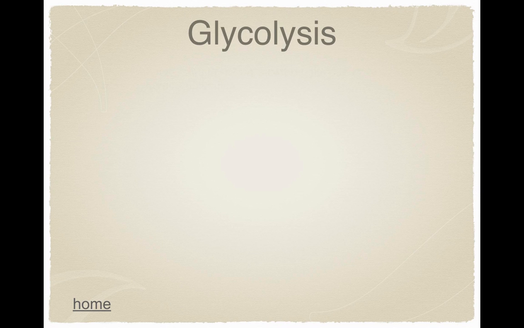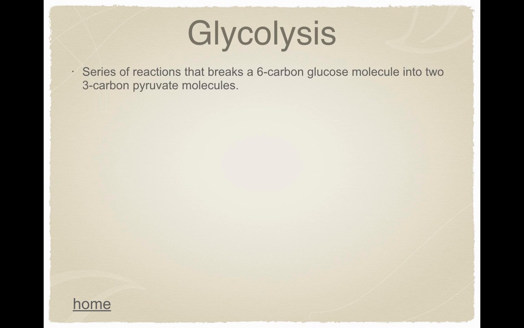So glycolysis. Please follow along with the diagram that I gave you in class as you take notes on this so you can see a visual. It's a series of reactions that breaks down a 6-carbon glucose molecule into 2 3-carbon pyruvate molecules. So if I just take a look at this, we have 6 carbons, 2, 3, 4, 5, 6, and it breaks it down into 2 3-carbon molecules.